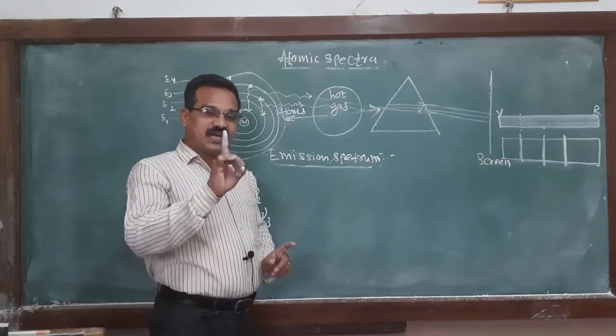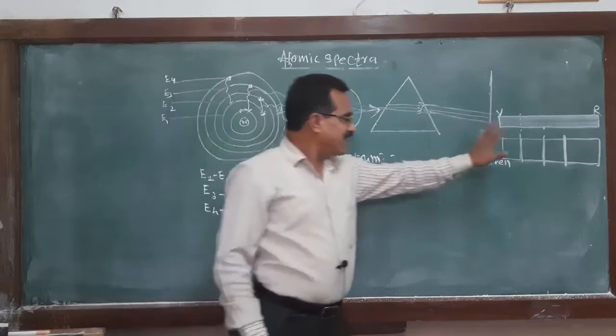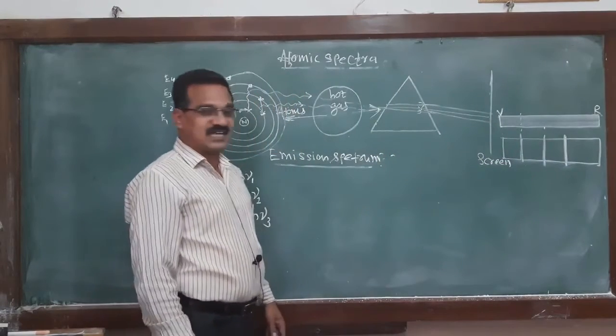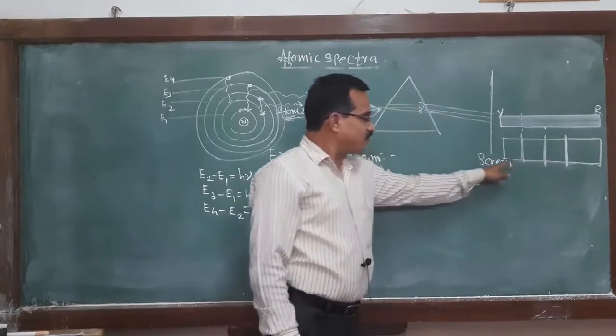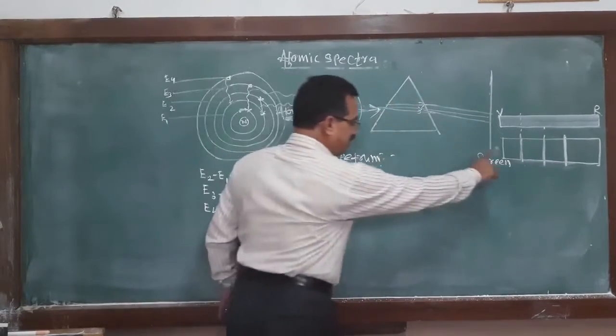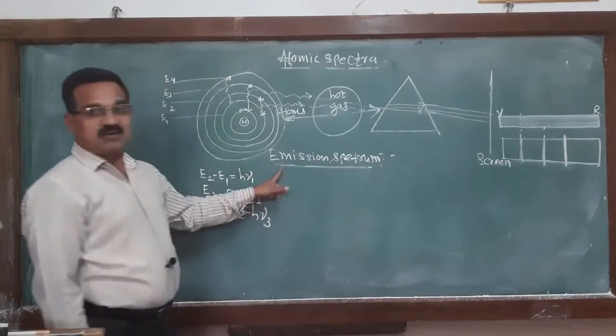For each and every element, the lines are fixed. When such a spectrum is obtained, we call it an emission spectrum.